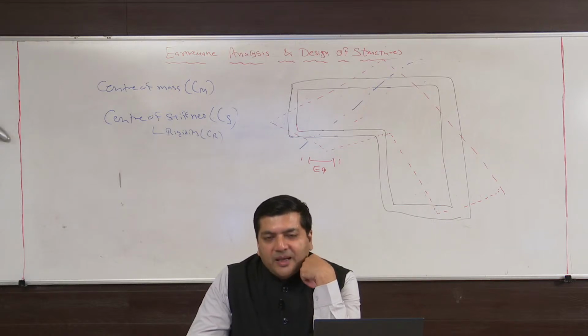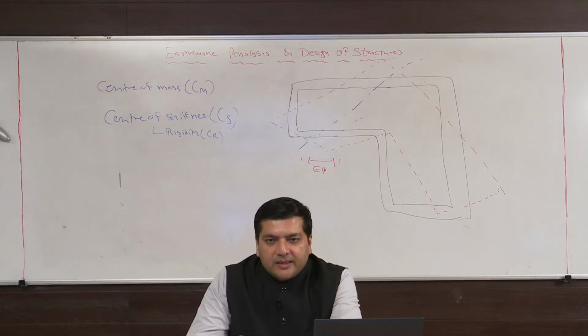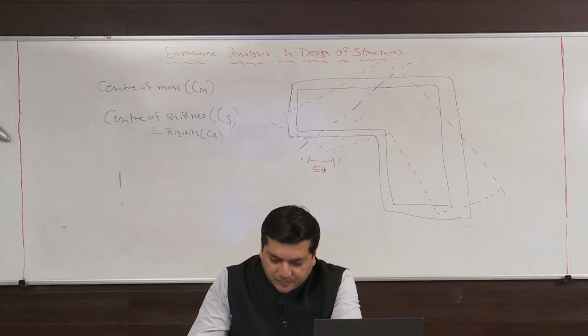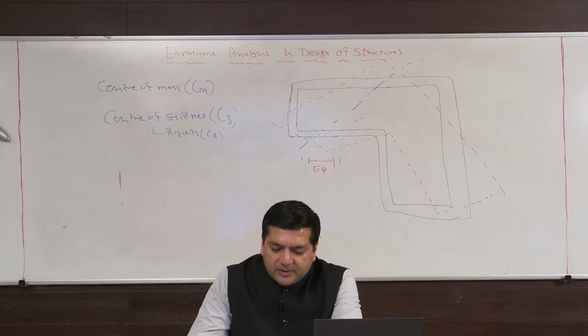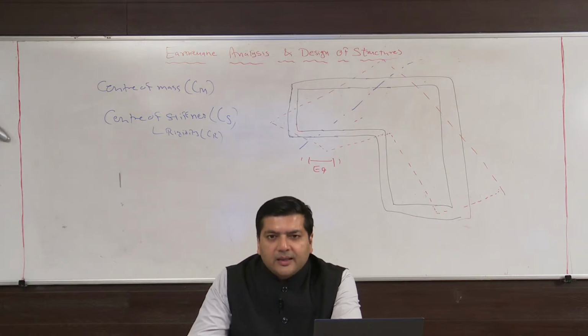It is the center of masses of the system, and this is the center of restoring forces of the system, right? The point through which the resultant of the restoring forces of the system acts is called center of stiffness. It is also known as center of rigidity.